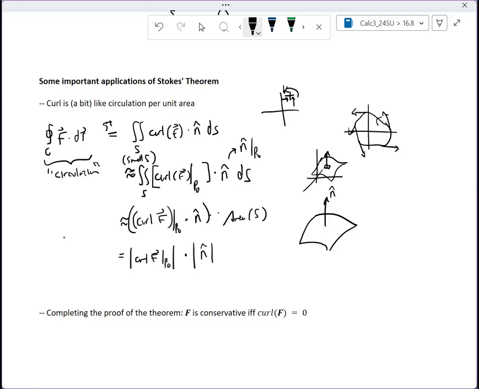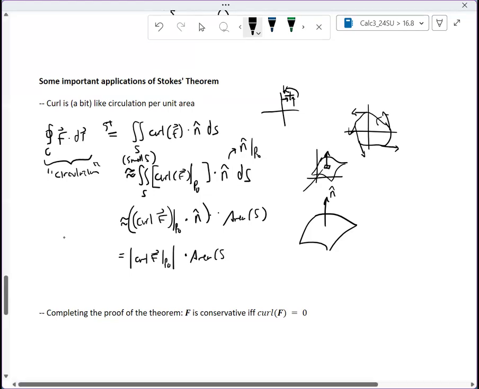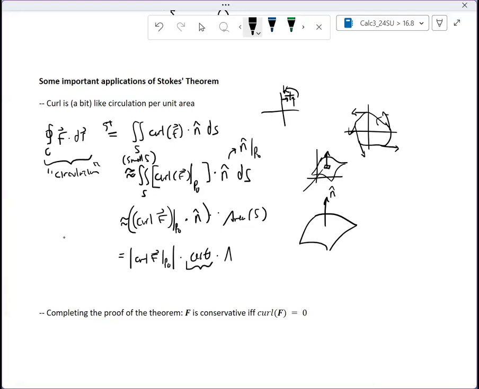It just has length 1, so we can just get rid of that. So times the area. Whoops, I forgot an important piece. The dot product is length times cos theta, very important, times area of S.